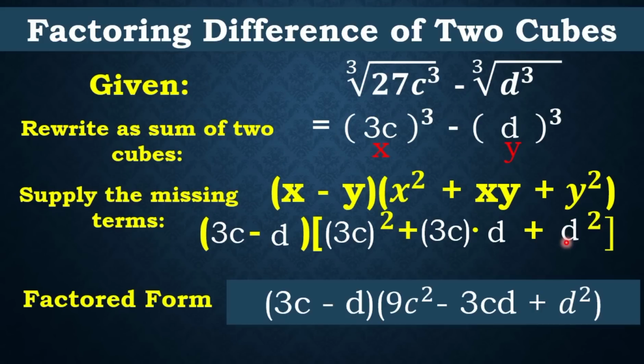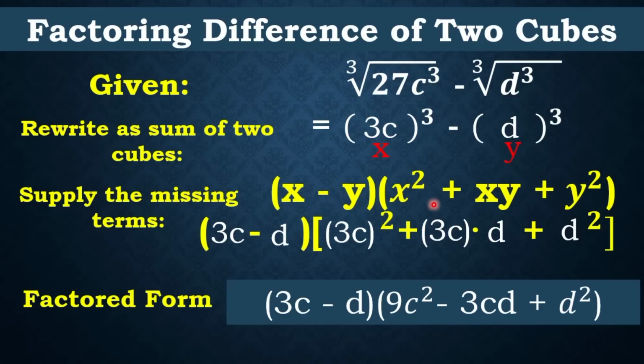So what is the factored form? 3c minus d, and then 3 squared, so that is 9, simplify natin yan, and then 9c squared. And then 3, wala namang number doon or coefficient, so 3 lang siya. And then cd. And then this one, d squared. So, again, same lang po ito ng sum of two cubes. Ang pagkakaiba lang po, dito lang tayo nagbabago. Yung signs lang po niya.